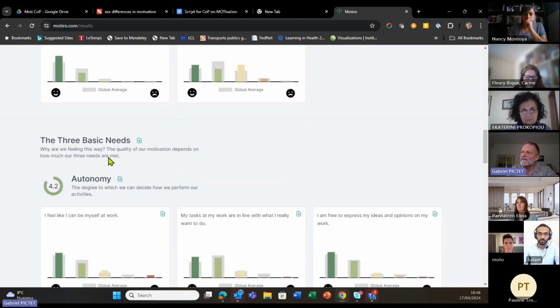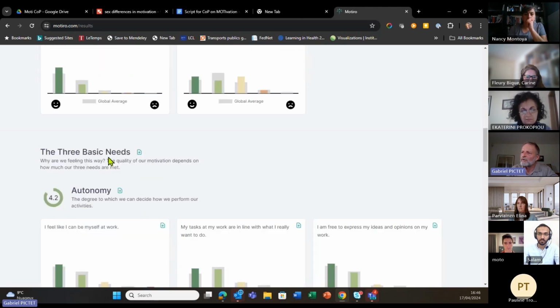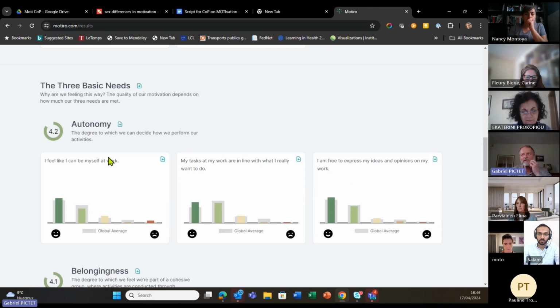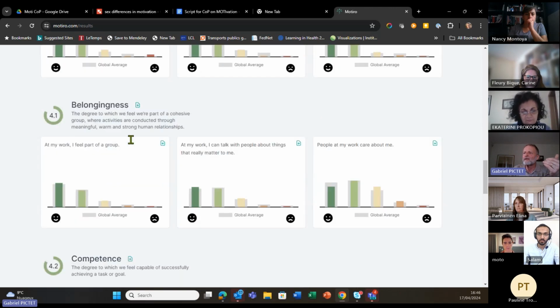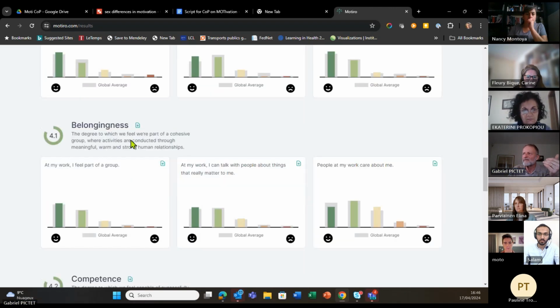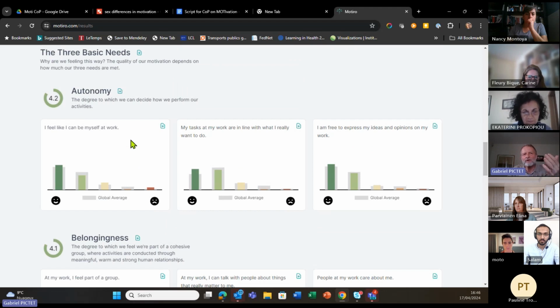The next thing that we would do, logically, if we follow self-determination theory, is say, okay, let's look at the 3 basic needs and see how we're scoring in autonomy, on belonging, and on competence. Because that might be an indication of why people are not feeling energetic.